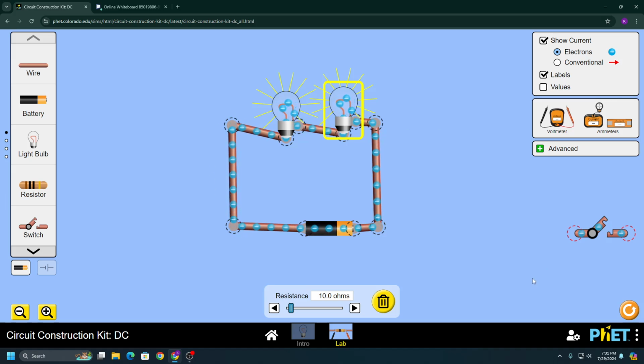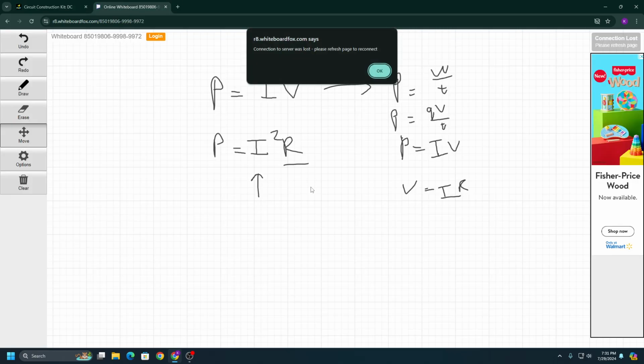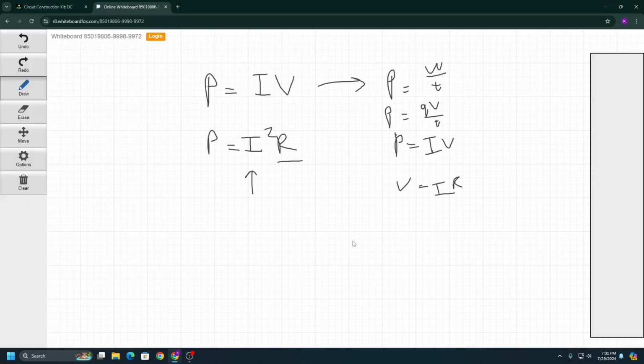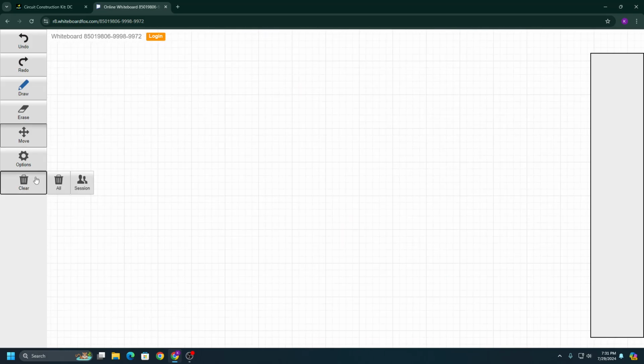But really the current stays the same, and each light bulb is going to be using the same exact electric potential energy, because they have the same resistance.